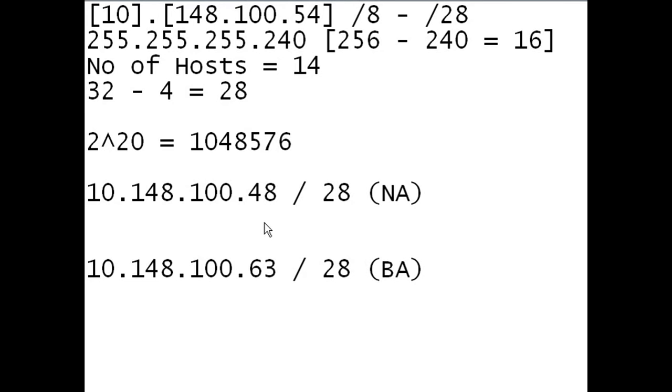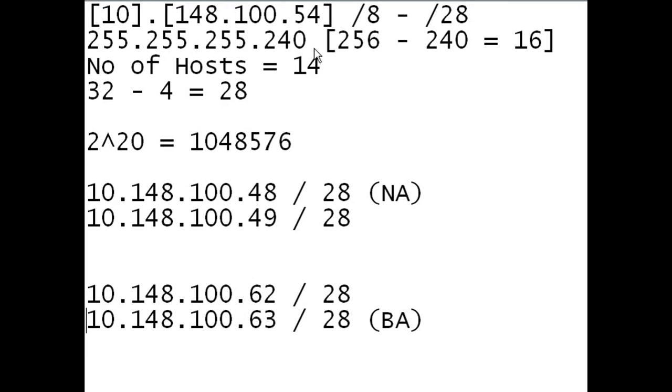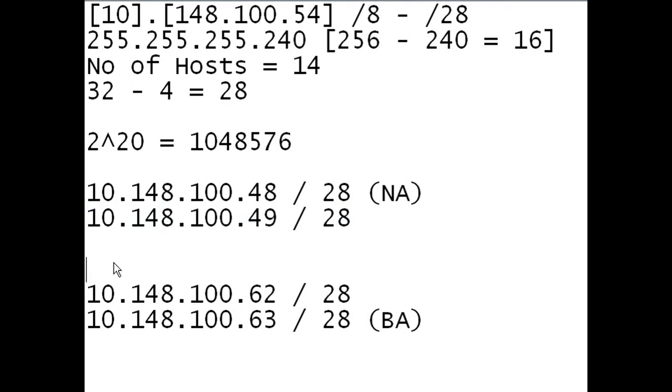You can see 54 is in between, so this is a valid IP. Since it is /28, this is my subnet mask in this range.